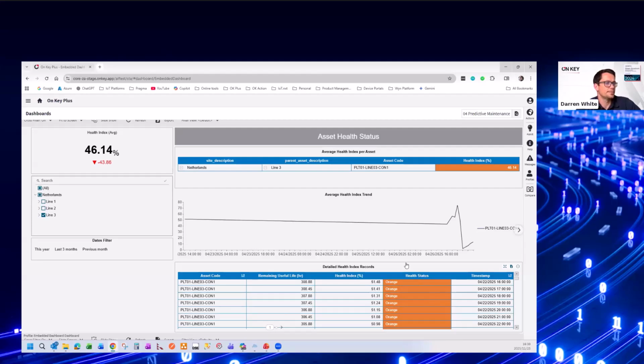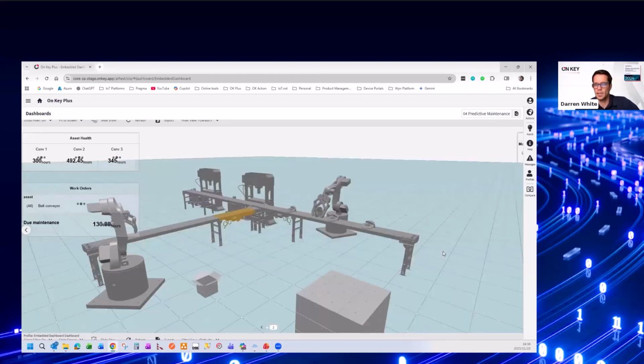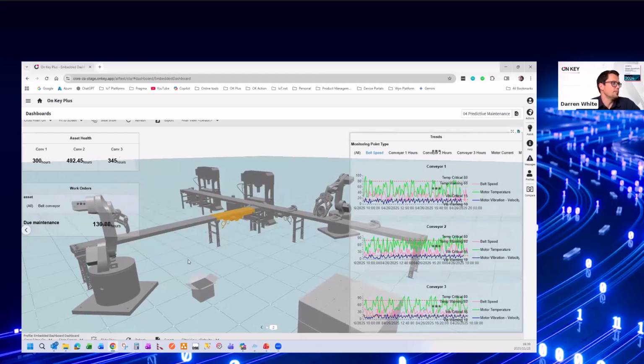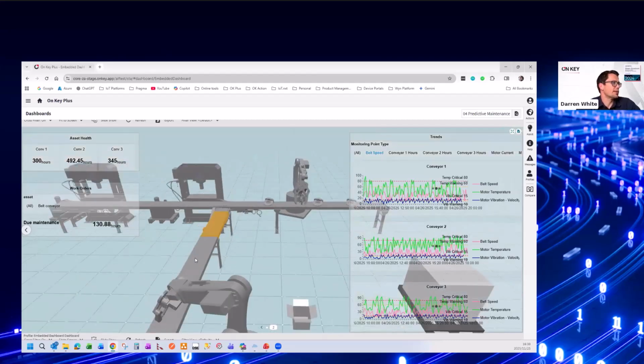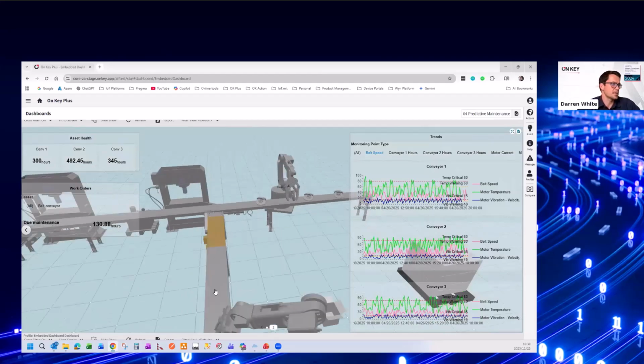And then next, okay, so this one now had an orange status linked to it. Okay, so now he's got access to an interactive 3D model. And the last thing about this is that you have spatial awareness of your assets.